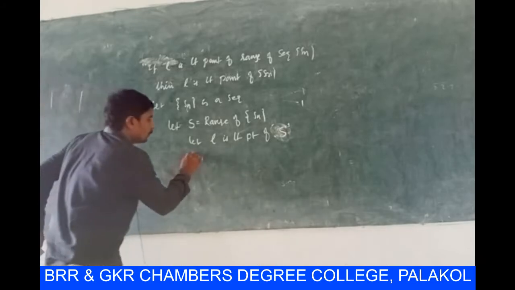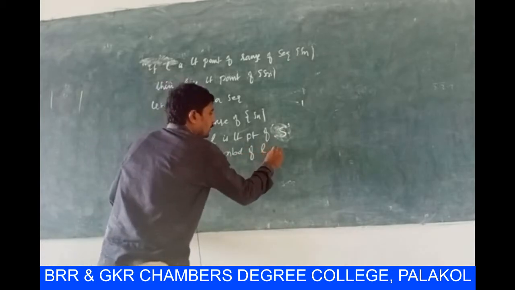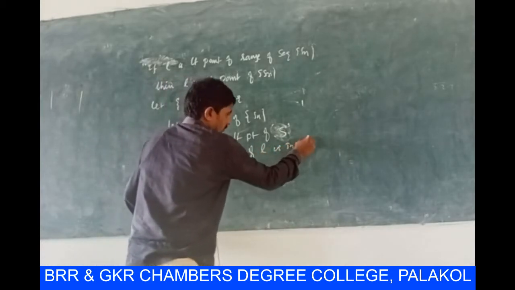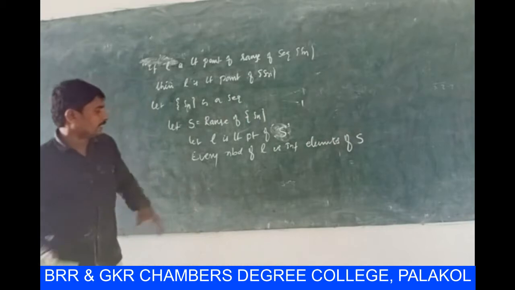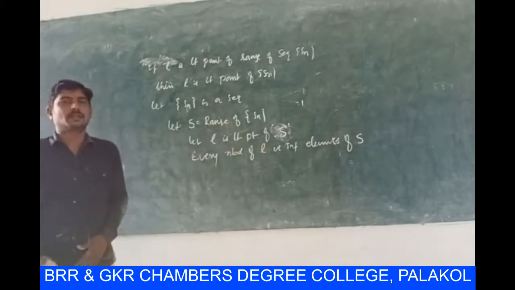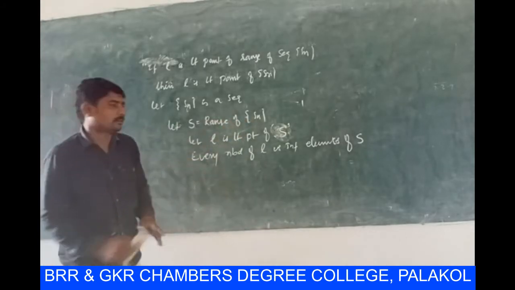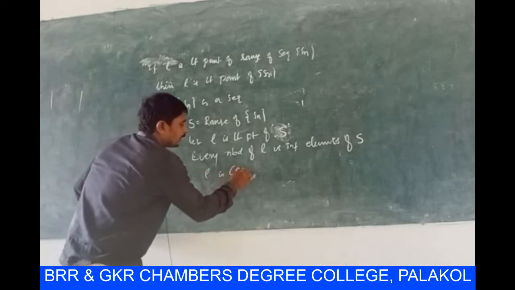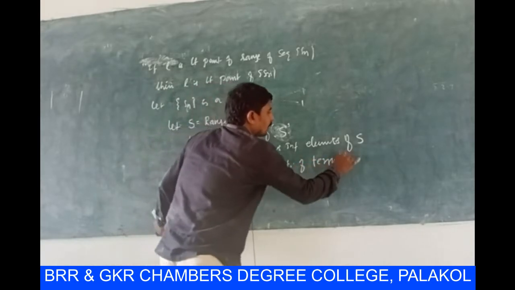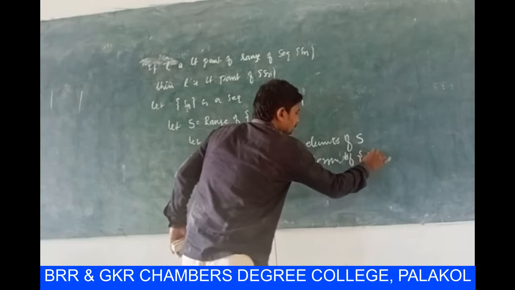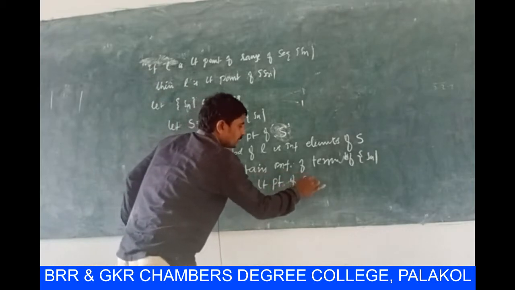This means every neighborhood of L contains an infinite number of elements of S. But all the elements of S are terms of the sequence Sn. So every neighborhood of L contains an infinite number of terms of the sequence Sn, which means L is a limit point of the sequence Sn.